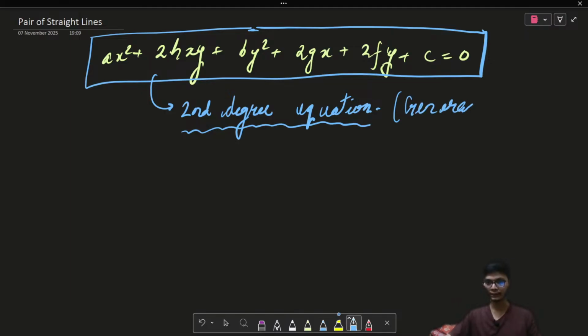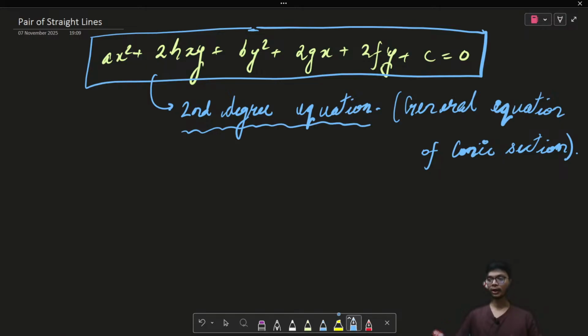In the chapter of conic sections, we will observe that this is the general equation of any conic. Any conic section will be represented by this particular equation. But which conic section this equation is going to represent will be dependent upon some quantities, which we'll see as we proceed with the chapters of the circle, ellipse, hyperbola, parabola and all that.